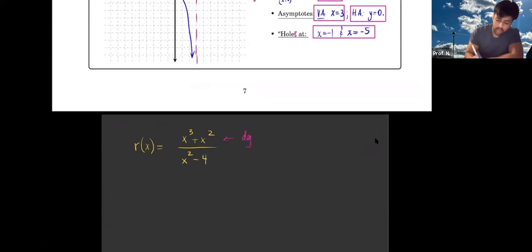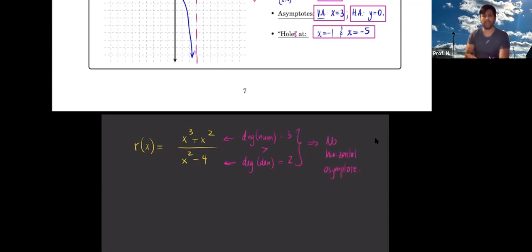So the degree of my numerator equals 3. The degree of my denominator equals 2. So 3 is bigger than 2. So there's no horizontal asymptote. Then we have something that's called slant asymptotes.